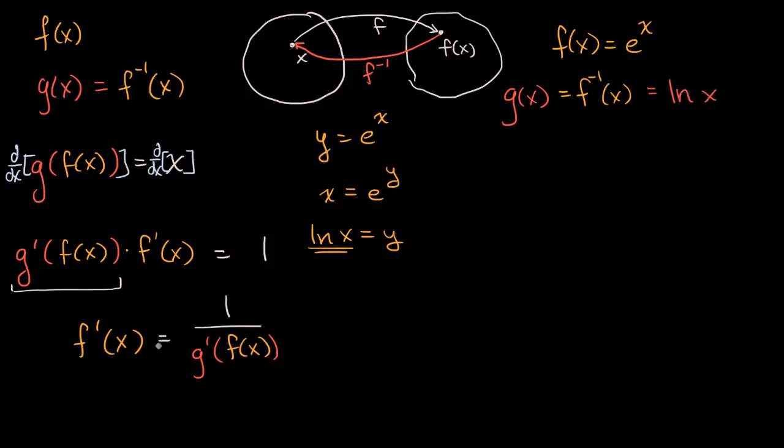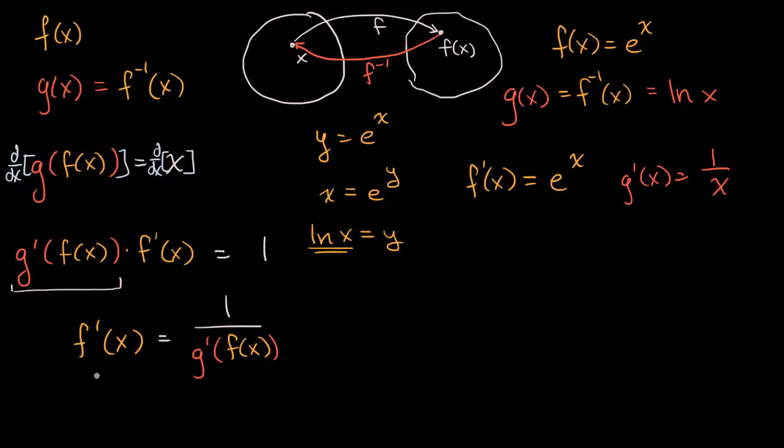Now, let's see if this holds true for these two functions. Well, what is f prime of x going to be? Well, this is one of those amazing results in calculus. One of these neat things about the number e is that the derivative of e to the x is e to the x. And in other videos, we also saw that the derivative of the natural log of x is 1 over x. So let's see if this holds out.